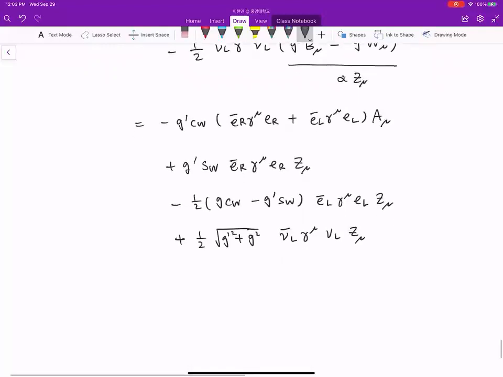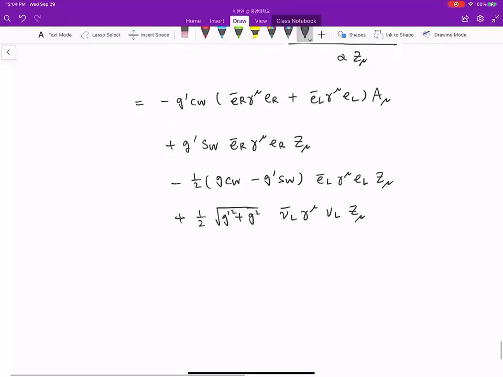So in this, the g prime, of course, with the Weinberg angle. The Weinberg angle is a measurable quantity, but g prime is not directly measured. For g prime, we need to change it to physical parameters.